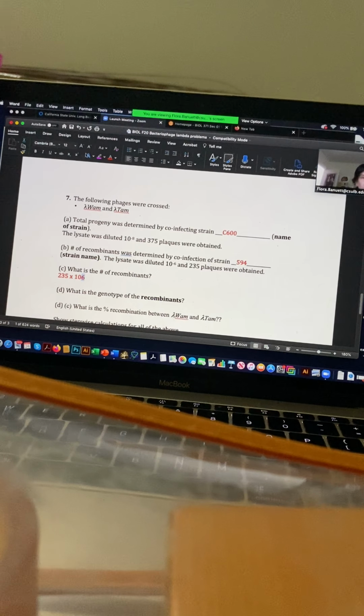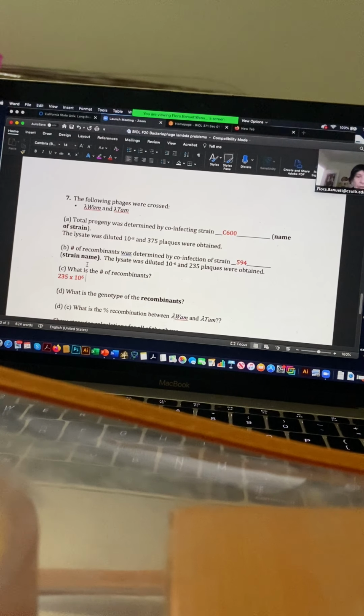Let's see, where is the superscript? I don't see it. Oh, here. Okay, and remember that this represents only one of the recombinants.